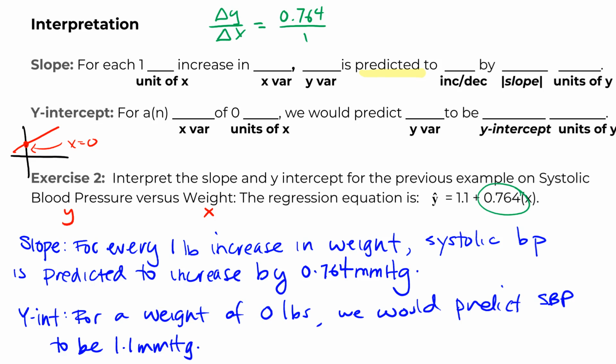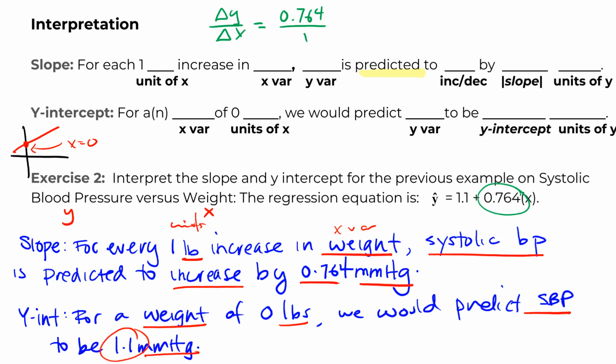So again, all I've done in each of these problems, if I memorize these sentences, is just input stuff, right? So my x variable itself, the units of that x variable, the y variable itself, the units of the y variable, and the same deal here, right? X and the x units, and then y and the y units along with my y-intercept.